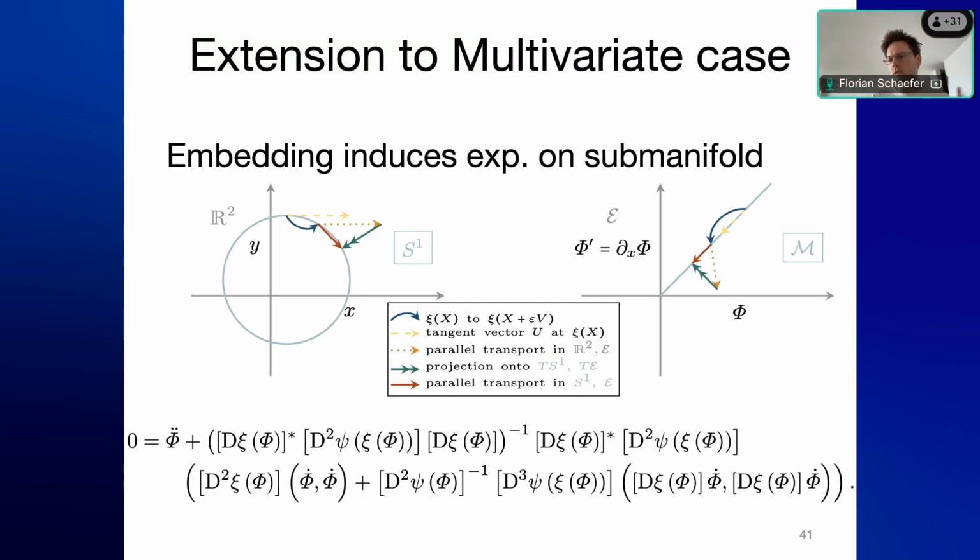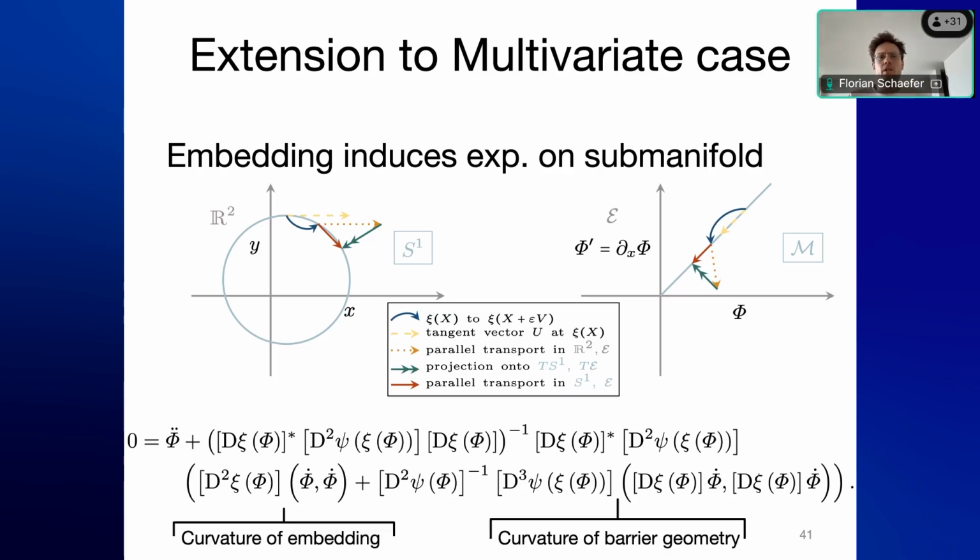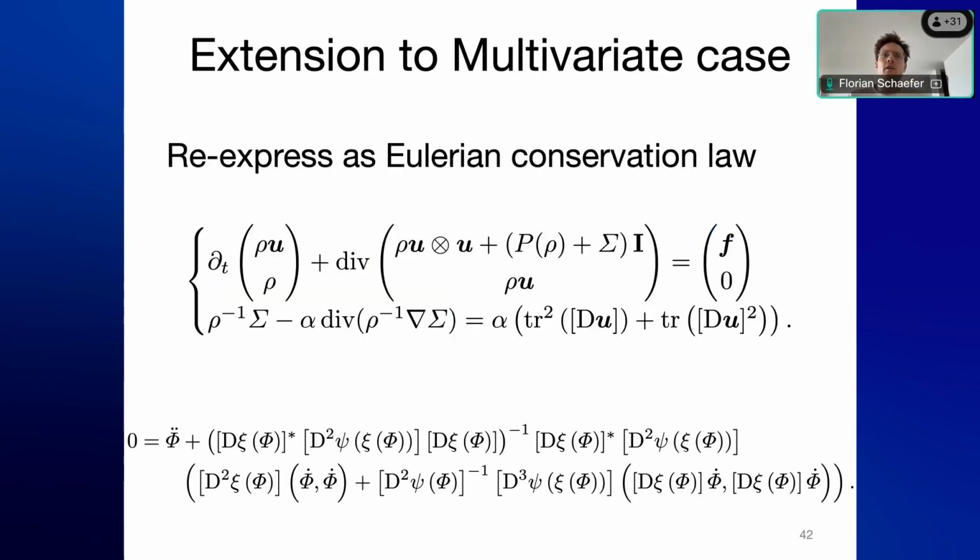I don't want to go through the details here. The main thing I want to emphasize is that, again, also for dealing with this problem, differential geometry gives us a crank we just have to turn. And that gives us a slightly more hideous-looking Lagrangian equation that has two geometric contributions. But in the end, it's just a crank we turn to translate this into Eulerian form, and that gives us the regularized conservation law.